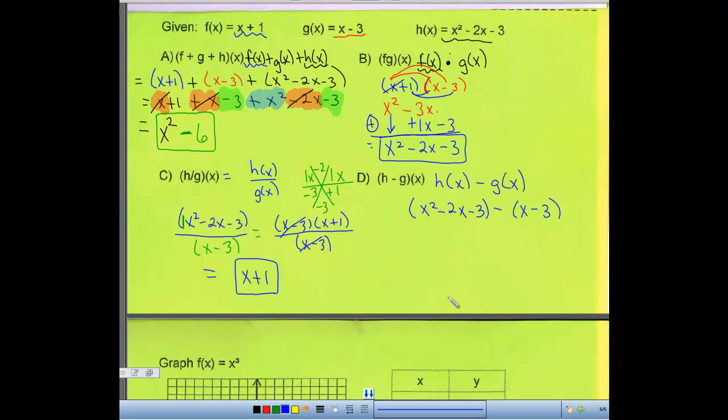Now this problem shows the importance of having what you're substituting in parentheses. Because of the negative sign, we need to make sure that we distribute negative 1 to both terms. If we leave off the parentheses, then we can make the error of not distributing the negative 1.